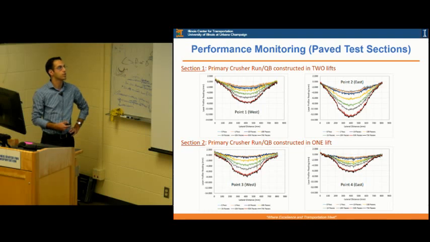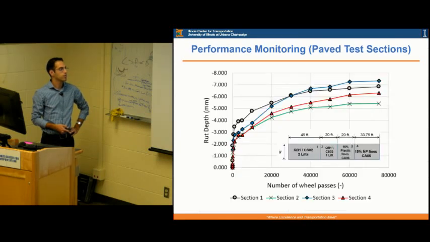That's section 1 at 2 measuring points, and then section 2. And then these are the average results for the sections up to 75,000 passes. So the failure criteria is 12.5 millimeters, and the maximum rutting that we got at 75,000 passes was actually 7.5 millimeters. So it's way less than our failure criteria, and we didn't fail the section.